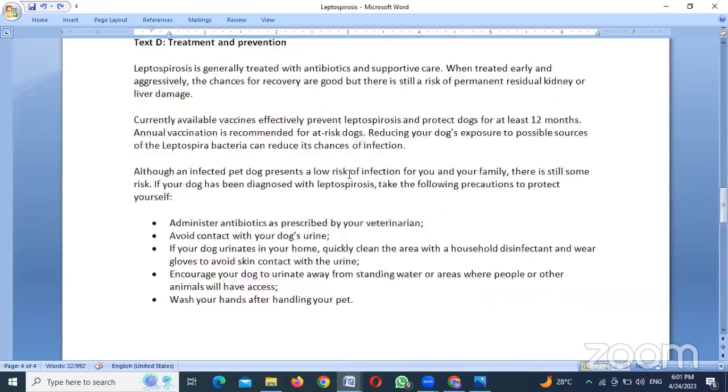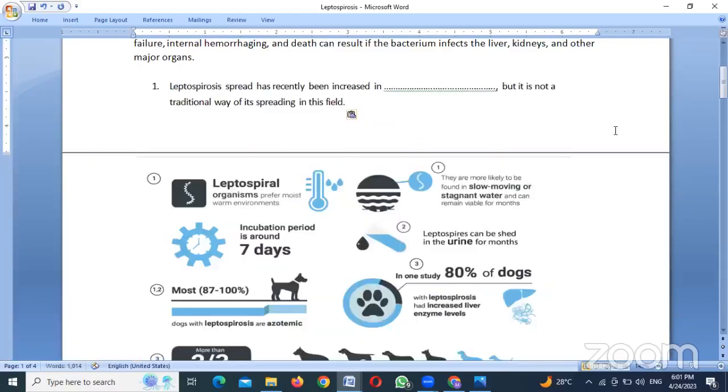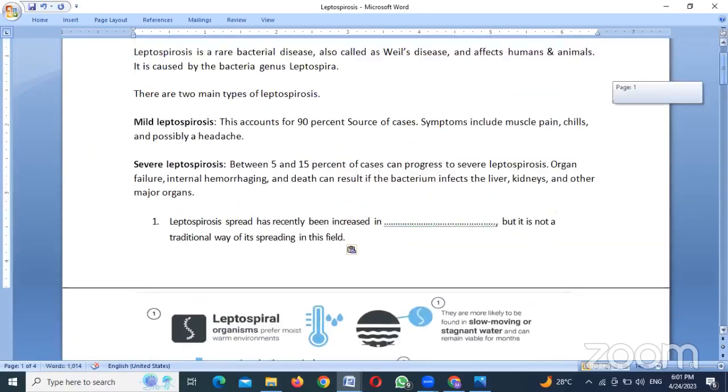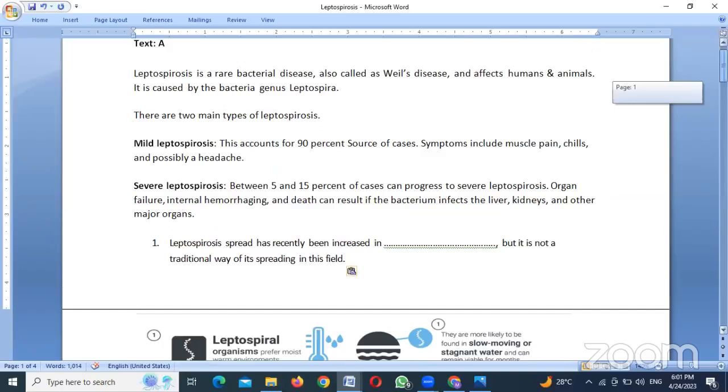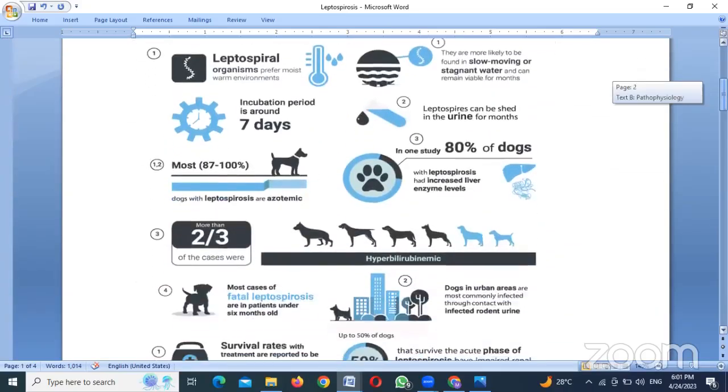Okay. Try to find it in the text. Not there. Okay, maybe in the table.